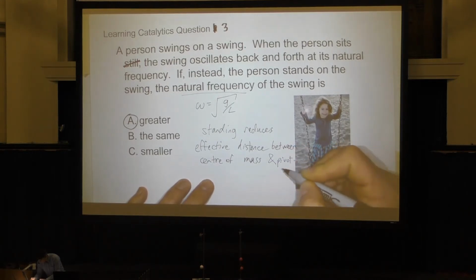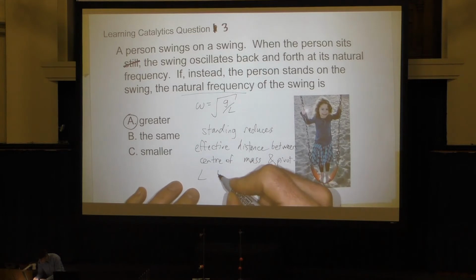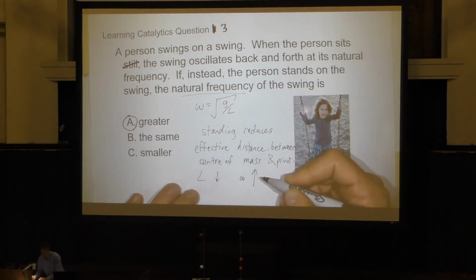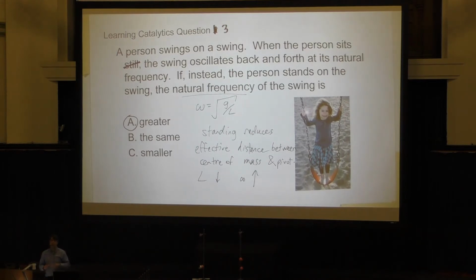It's kind of a tricky question, isn't it? So L has decreased, and it's in the denominator, so omega has to increase. You could try it, measure it, I guess.